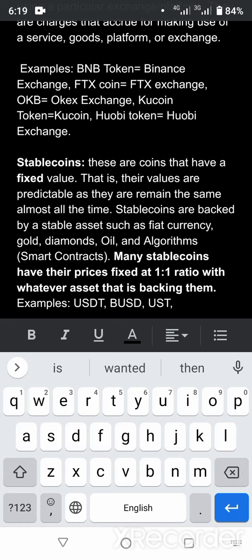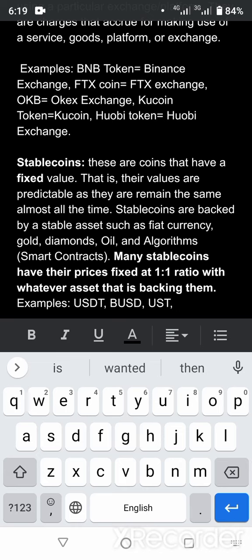And some other ones. All these exchanges have their own stable coins. And like I said earlier, there are stable coins that are based on gold, some on diamonds, some on oil, some on algorithms, which are smart contracts. Explaining them now in this video will make it more confusing.